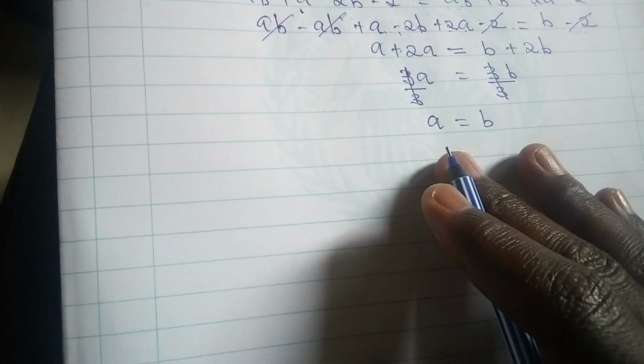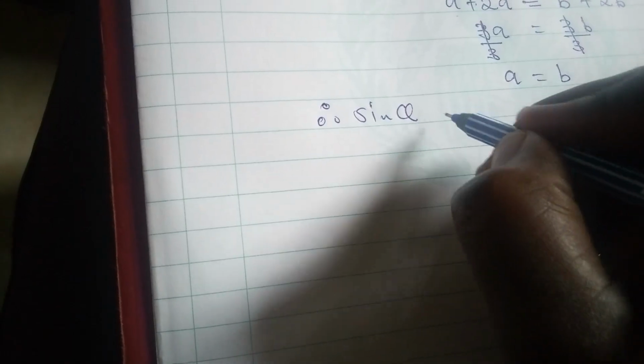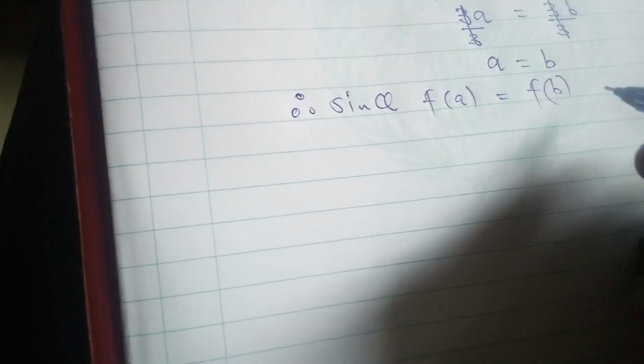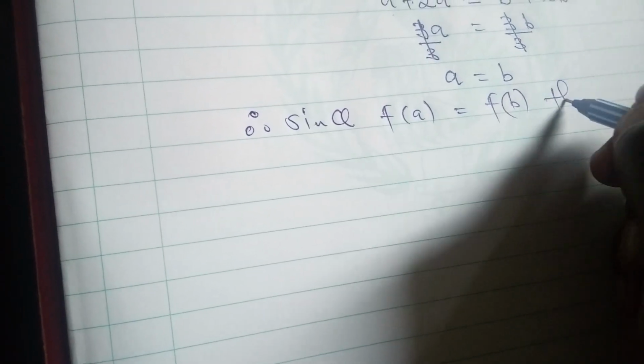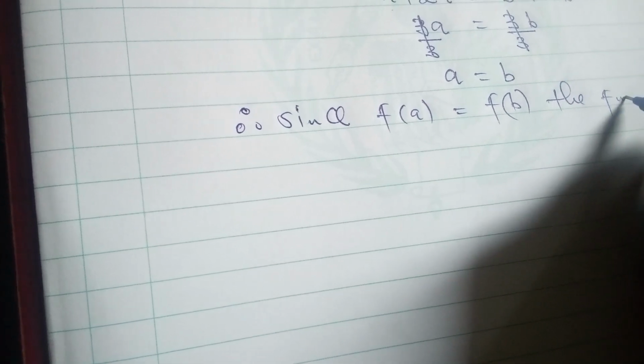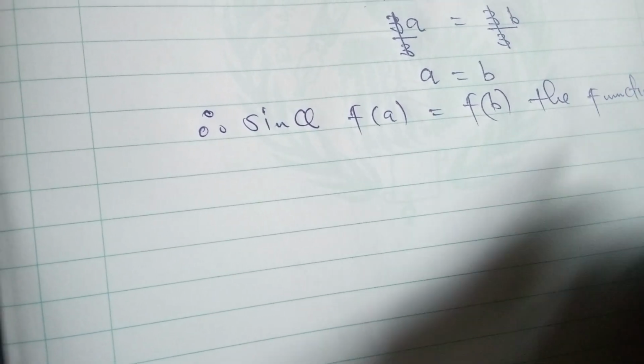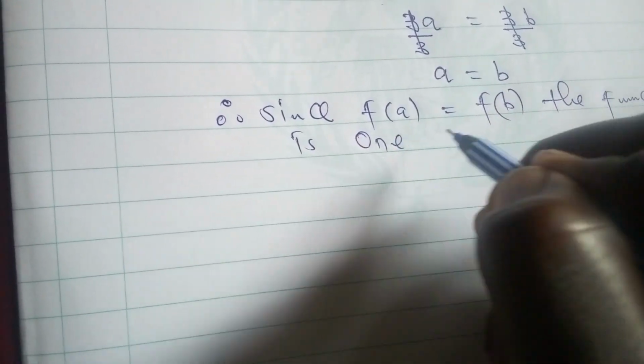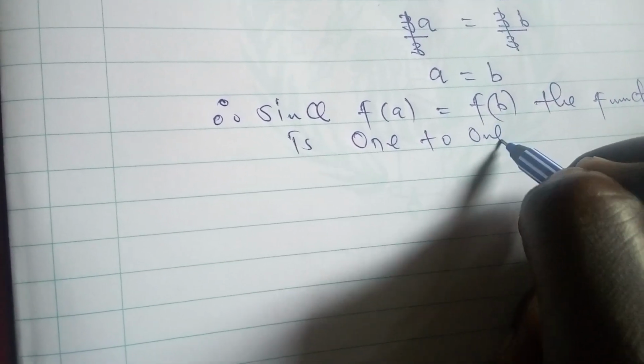So I'm going to write, since f of a is equal to f of b, the function is 1, 2, 1.